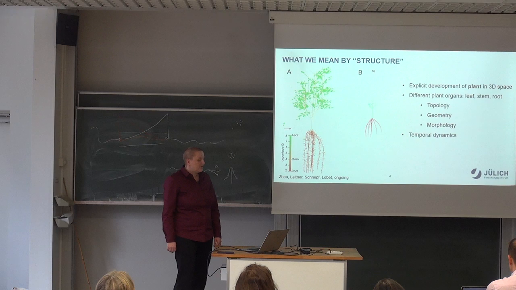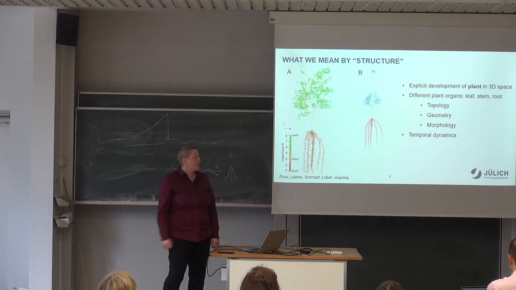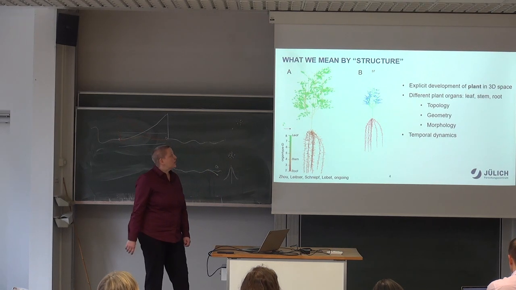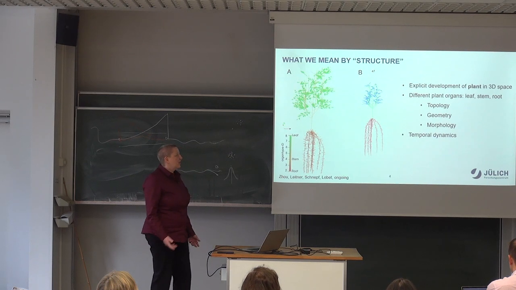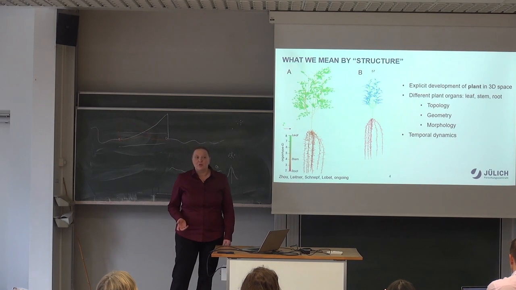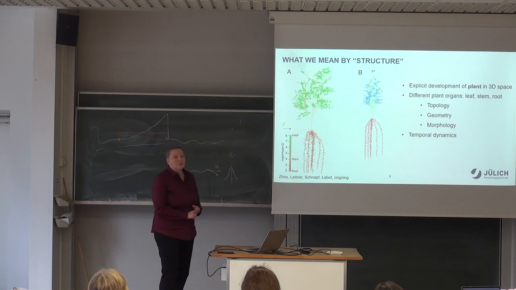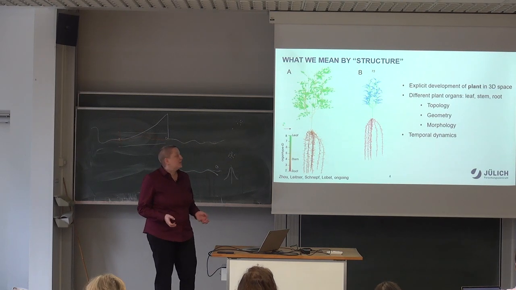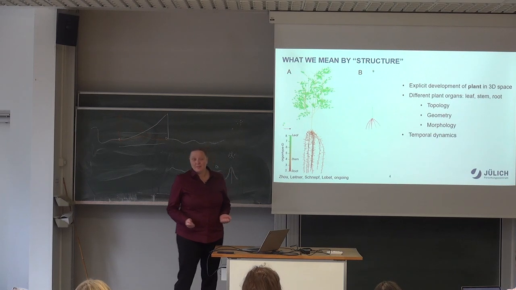By structure we mean that we simulate with the model the explicit development of the plant in 3D space, and we distinguish between different plant organs, for example, leaf, stem or root organs. We look then at the topology, the geometry, how they are organized in 3D space, and the morphology, and also at the temporal dynamics of this development of the structure.